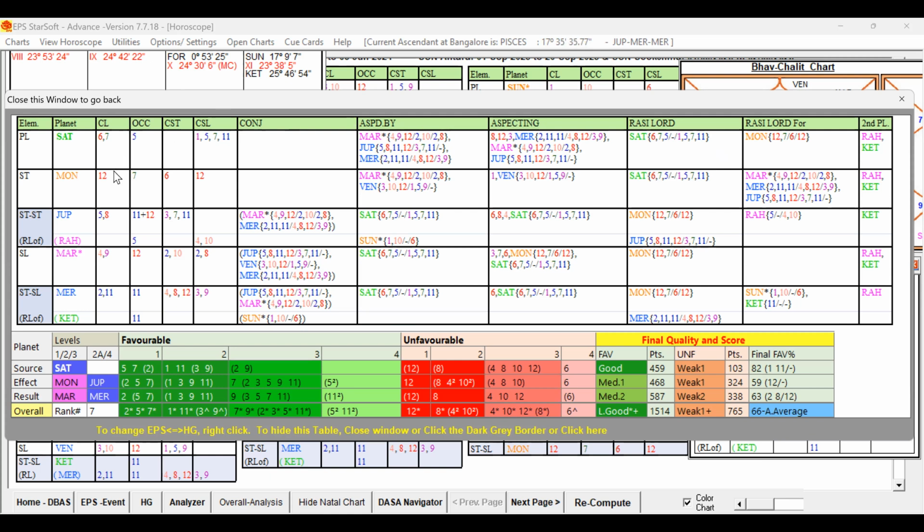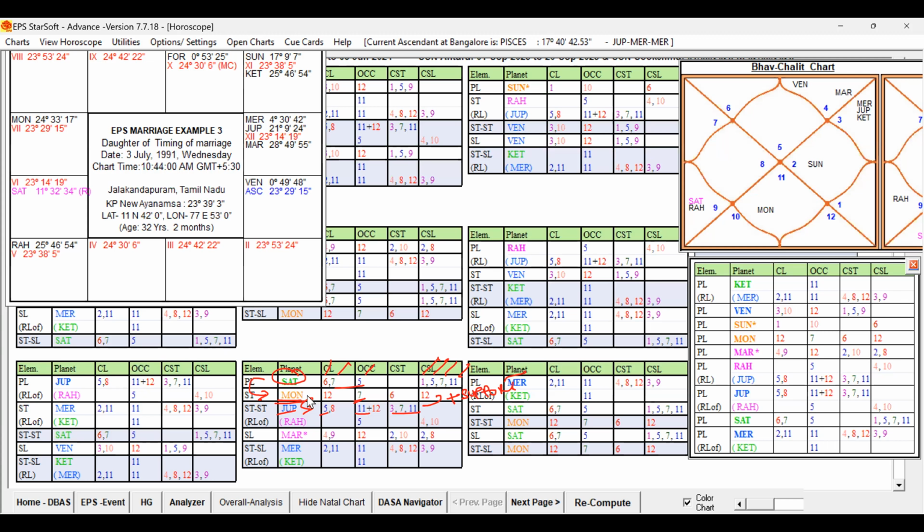Apart from that, moon is also having that blue color planet, our Venus 3, 1, 5, 9 planet, and also Ketu is there, indirectly it is connected. So importantly, Saturn is playing a role at the star of the moon. It means what? Saturn is in the star of moon.